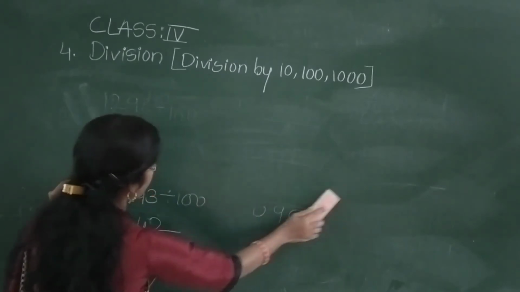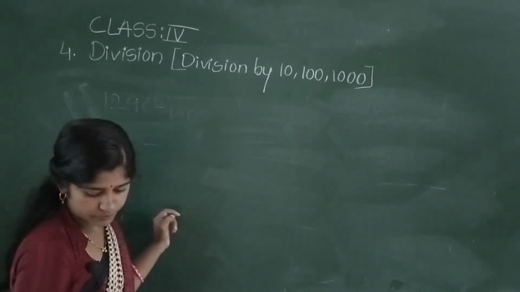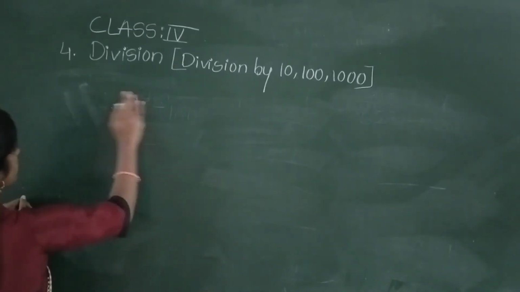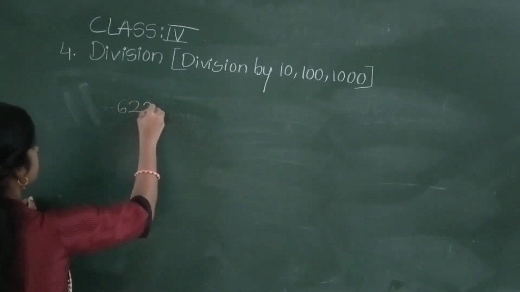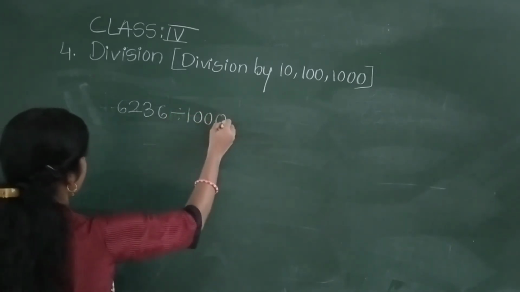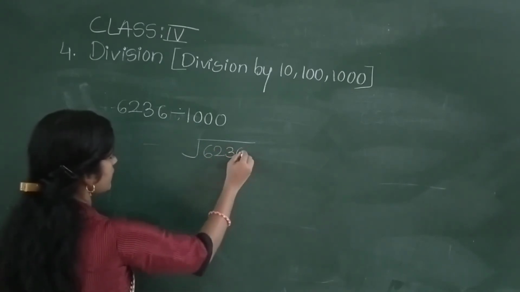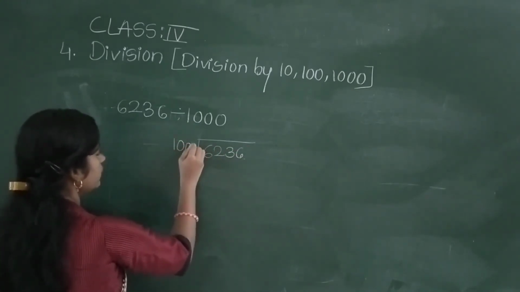Let us take one more example from your My Practice Time 3. I will take 6236 divided by 1000. Okay, so do 6236 divided by 1000.